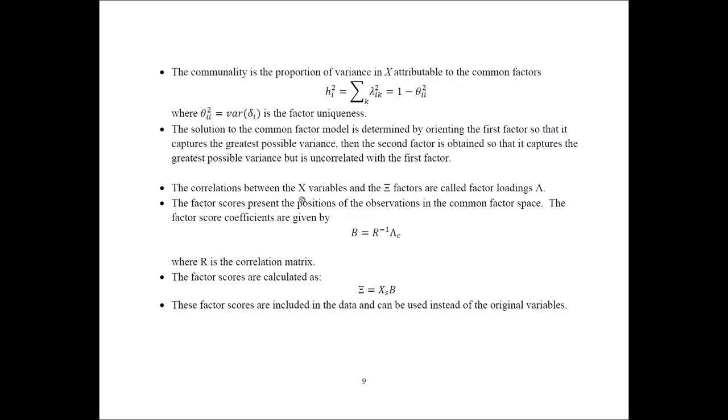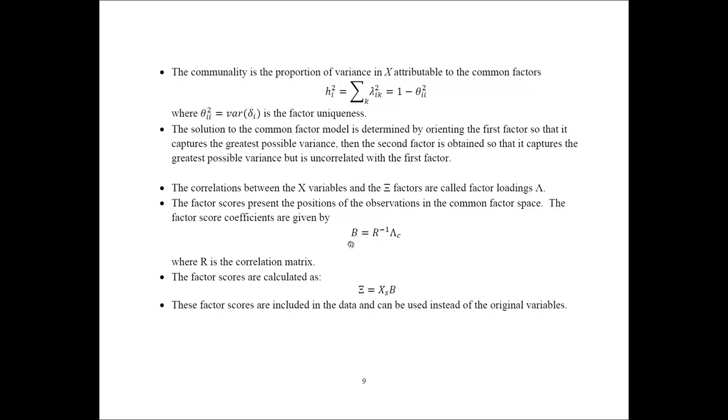Now the correlations between the original x variables and these psi factors are called the factor loadings, lambda. Once we have that, we can represent the factor scores, which are the positions of the observations in the common factor space. The factor score coefficient beta would be equal to R to the minus 1 times lambda, where R is the correlation matrix of the original variables and lambda is the factor loadings.